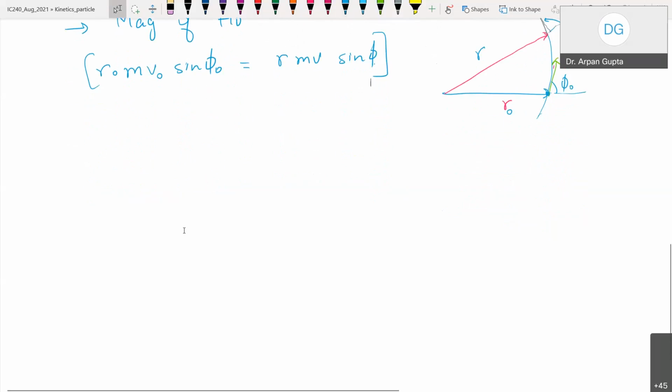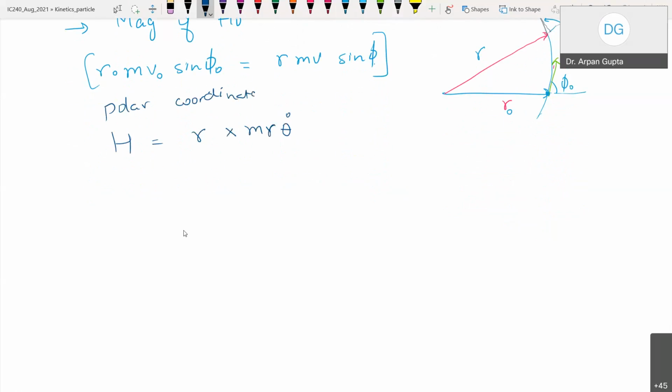And likewise, if I use the other expression of angular momentum, in polar coordinates it becomes m r into theta dot. So if I talk about polar coordinates, this is your v theta. So it is r cross m v theta, and this becomes your m times r square theta dot, and this is equal to constant.